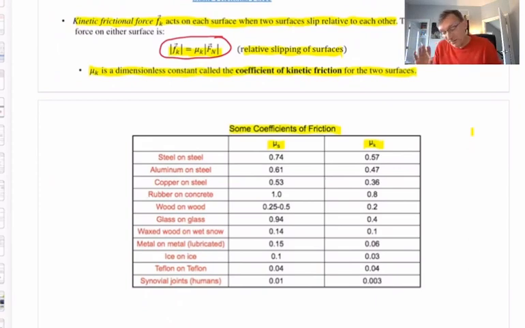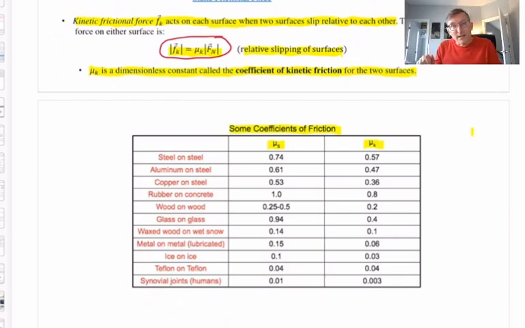The coefficient of kinetic friction is a little bit less at 0.8. 1 is considered pretty good size. But there's nothing that says you couldn't have two surfaces for which the coefficient of static friction was larger than 1. And very small values compared to 1 for a coefficient of friction means the surfaces really don't stick much, like between the joints in humans, or when you have Teflon on Teflon.